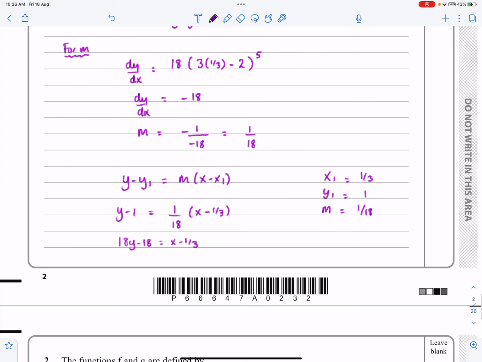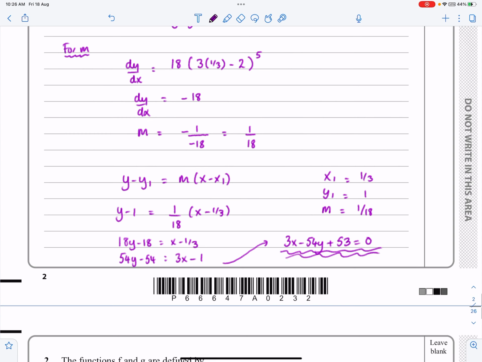So I'm going to get 54y minus 54 is equal to 3x minus 1. So I've multiplied everything by 3 there. And then tidying this up, final answer, 3x minus 54y plus 53 equals 0. Underline that.